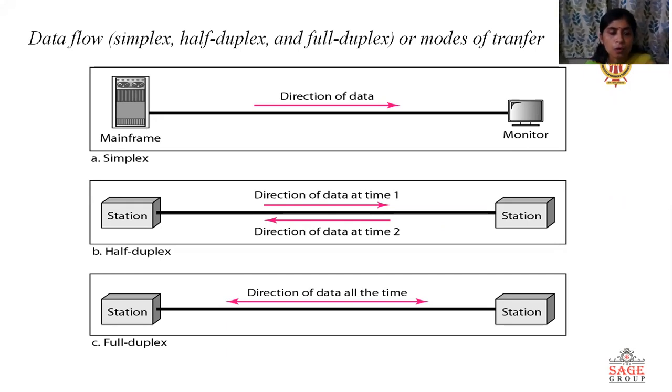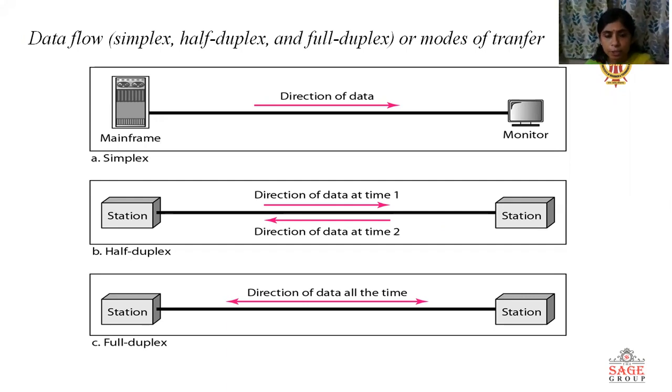But in case of half duplex transmission, it is one at a time transmission. If the sender is transmitting its data at that time, the receiver will receive data. There is no right given to the receiver to transmit data at the same time.